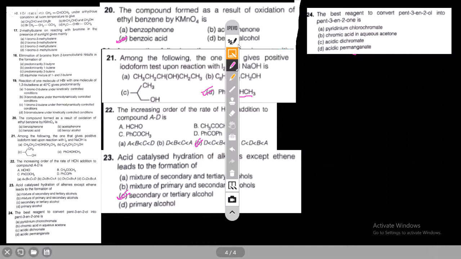Does pyridinium chlorochromate affect the double bond or not?